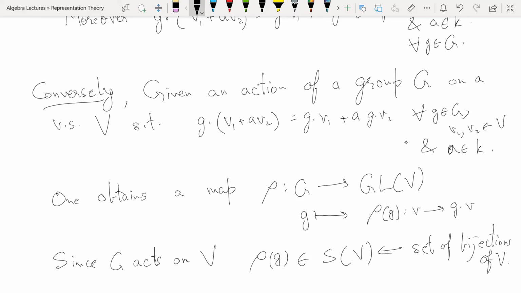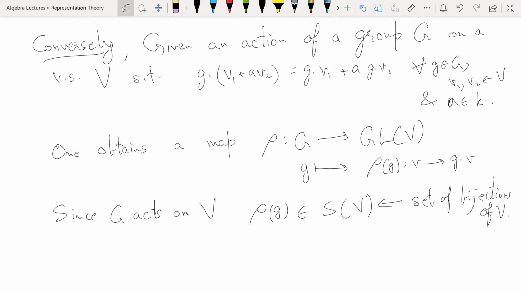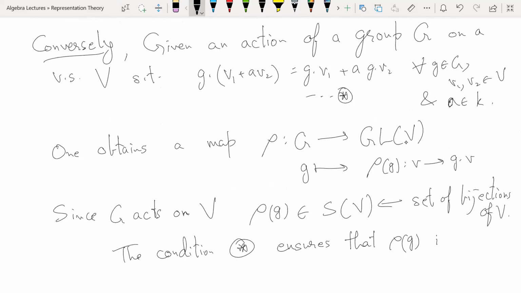And the additional condition, this condition, the condition star, ensures that rho G is linear.